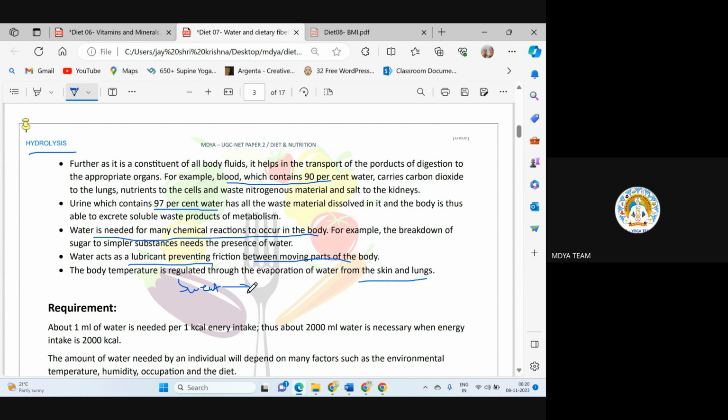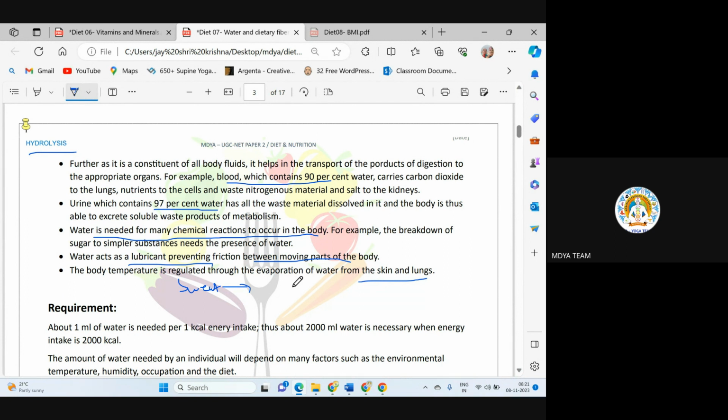Once a question was asked in UGC NET: if a person retains his stool for 3 or 4 days, what will happen to body temperature? It will increase, because stool and urine are also mediums of our body to get out excess heat.